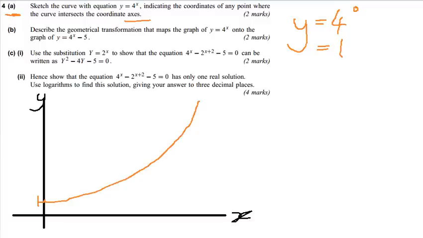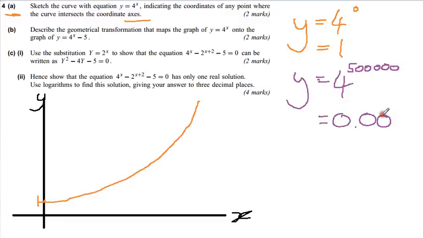It'll just get smaller. 4 to the power of minus 500,000 is going to be 0.000 something something something, 3 or 5 or whatever. So it's going to be close to 0, but it's not going to be 0. So when it comes down, it is going to be close to 0, but never actually touching 0. So that's how we draw that.